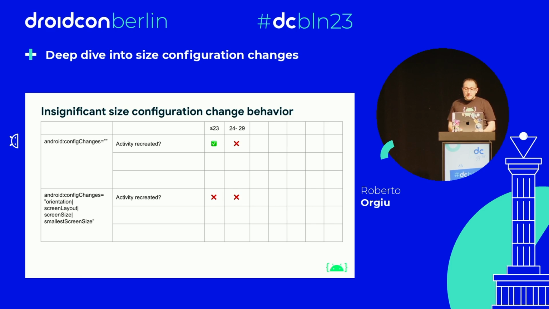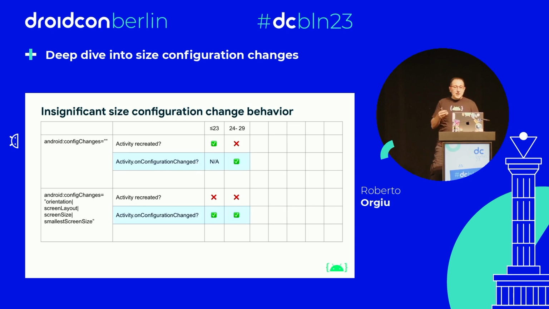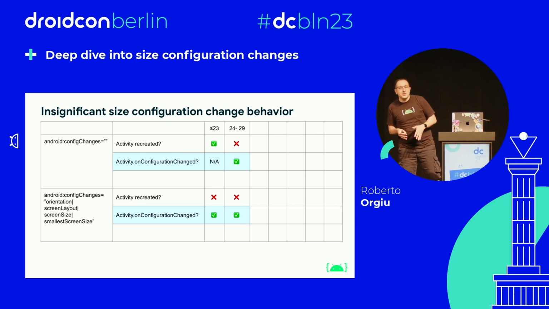Well, first, you need to run the initial logic in activity onCreate, of course, because we want to render whatever we need to render. And then we want to run something whenever the configuration changes without recreating the activity. The most natural place you'd expect to run this logic is the onConfigurationChanged method in your activity.